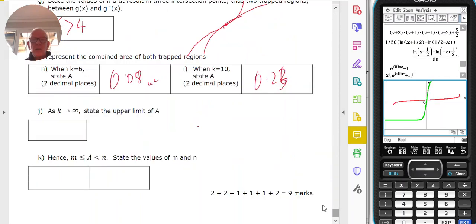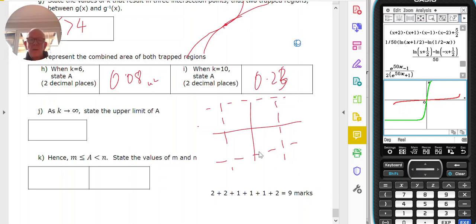Okay, so we have asymptotes at a half. And the bigger that my value of k is, then my curve is going to get closer and closer to the asymptote, and the inverse will be this one here.